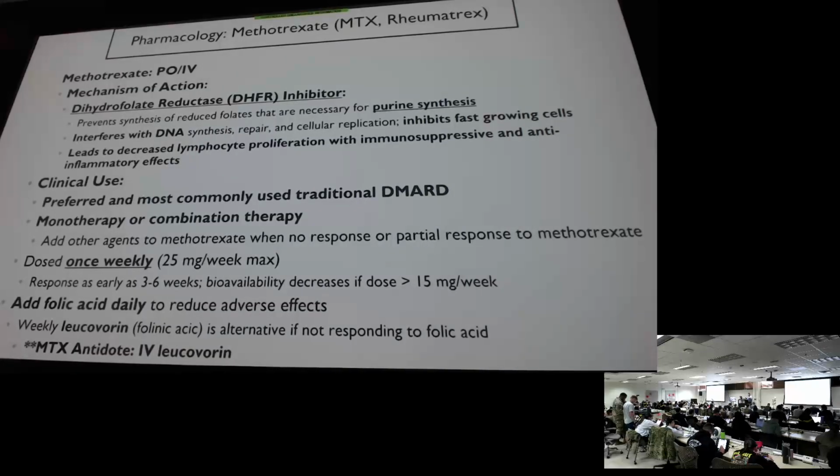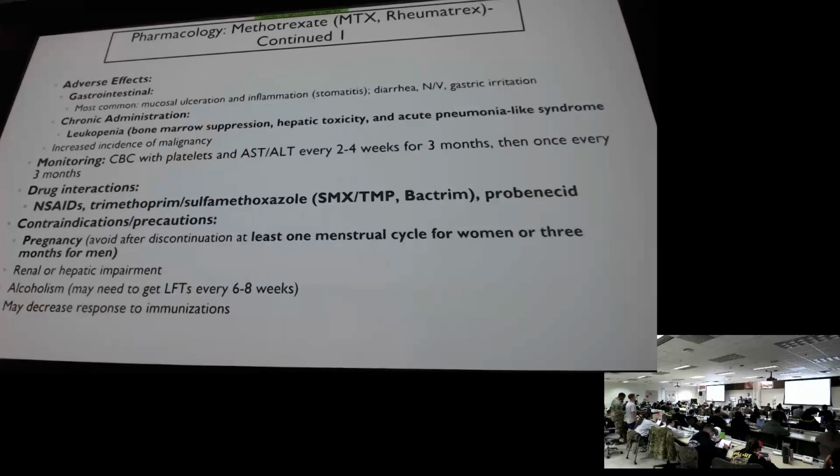If they can't respond to folic acid, there is a medication, folinic acid, you can use as well, which, just FYI, is also used as a methotrexate overdose antidote if you got too much on board. If that patient starts taking methotrexate once a day versus once a week, we can put the folinic acid in as an antidote to the methotrexate.